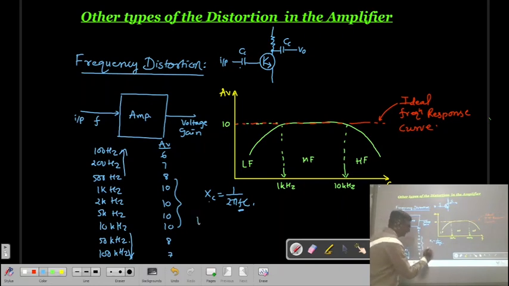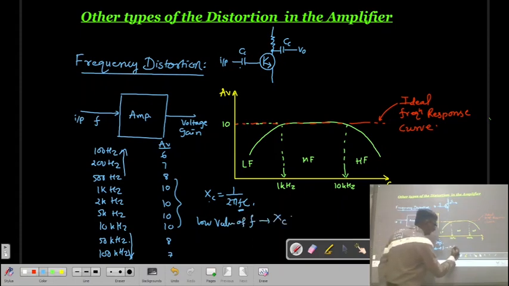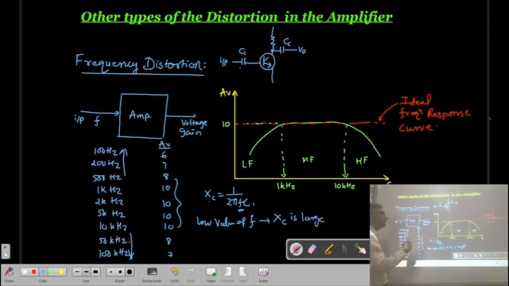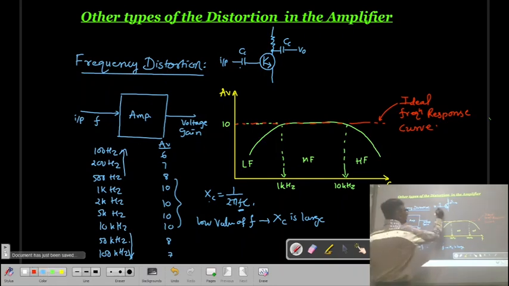So for a low value of F, the Xc is large. And whenever the Xc is large, the voltage drop across this Xc will also be large.